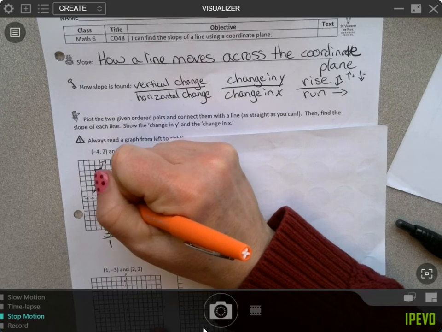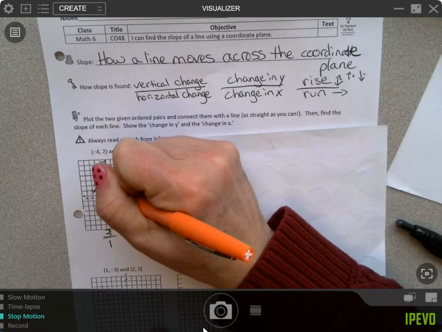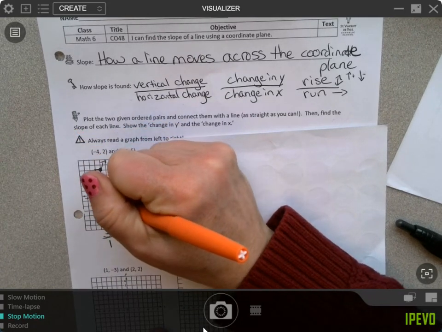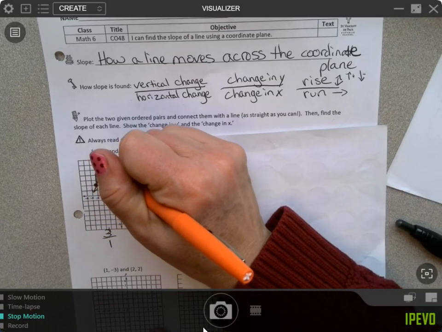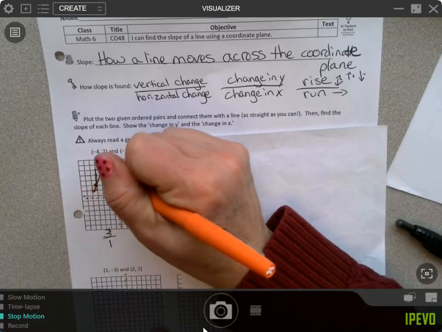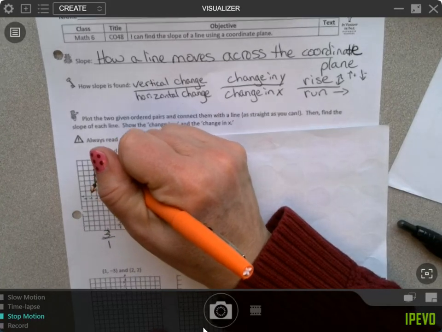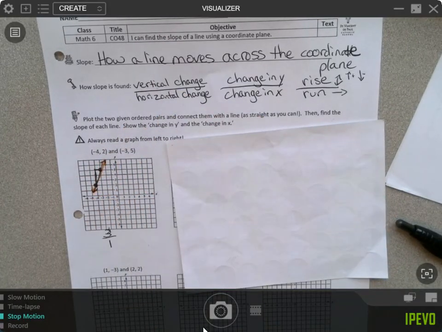So we go over to -4 up to the +2. And then -3, +5. Second thing you do is you draw your line. It is a line, so we're going to put arrows on the end because that line is going to continue, right? So we want to put arrows on the end.